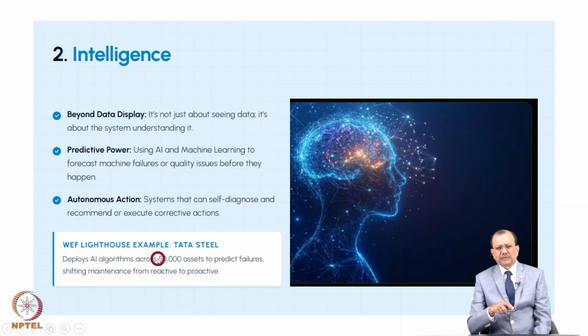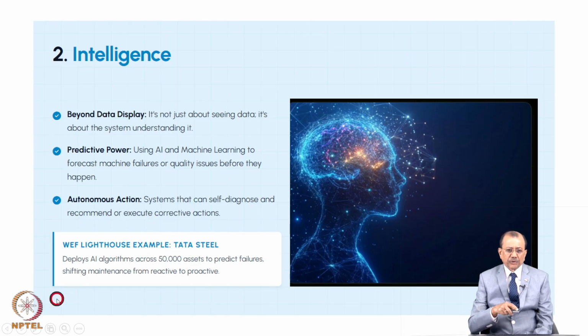The asset number may vary, but they have AI algorithms everywhere, and as a result this company has developed a very high predictive power in all of their operations, and sometimes they are also going autonomous.